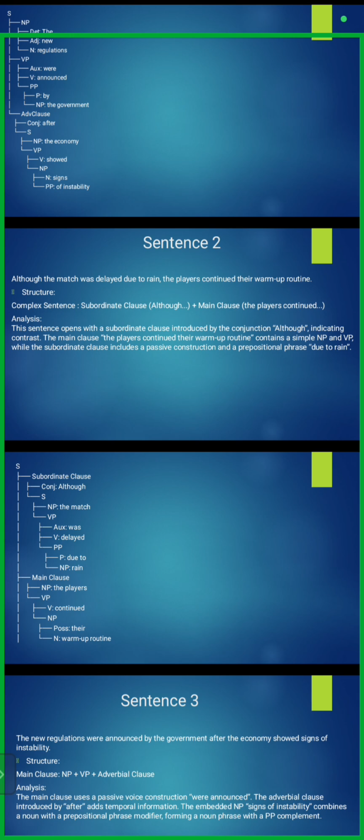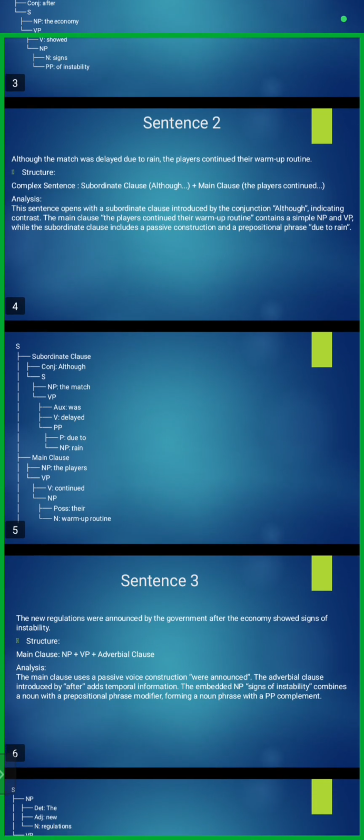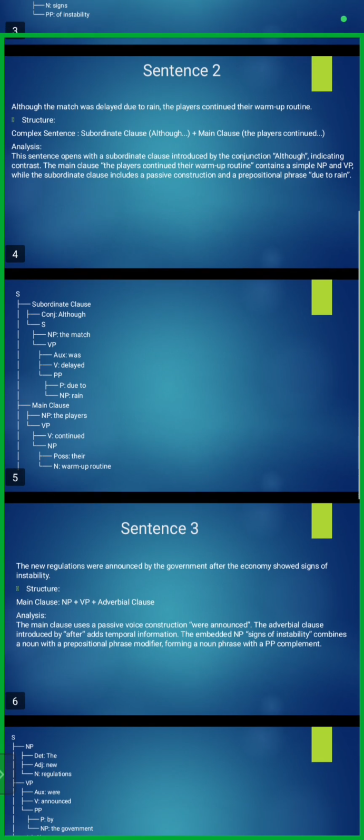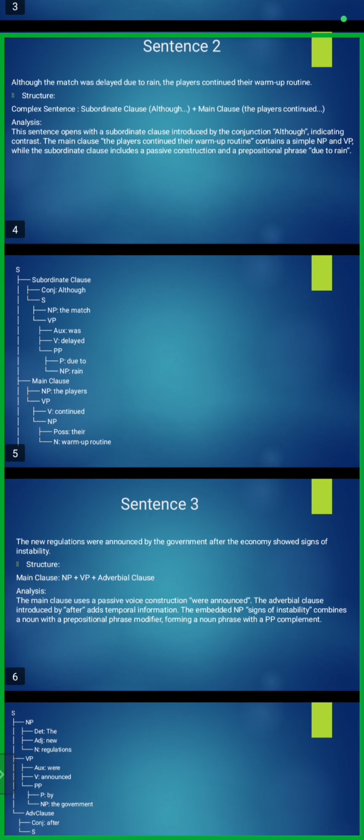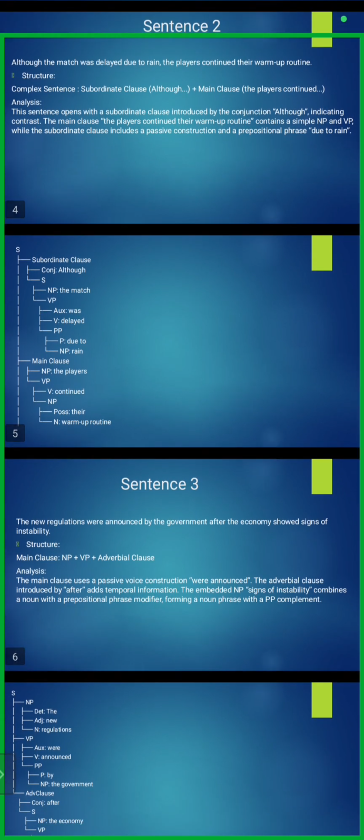The main clause contains a simple NP and VP, while the subordinate clause includes a passive construction and a prepositional phrase, due to rain. And this is the tree diagram from sentence 2: subordinate clause, conjunction although, the match, VP, and so on.